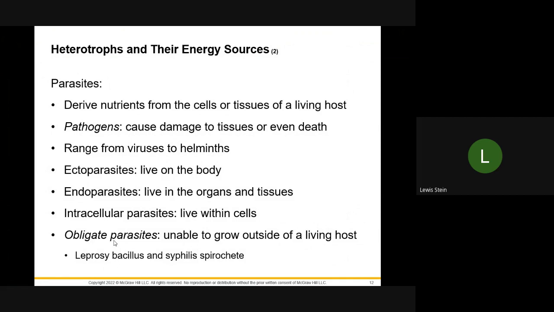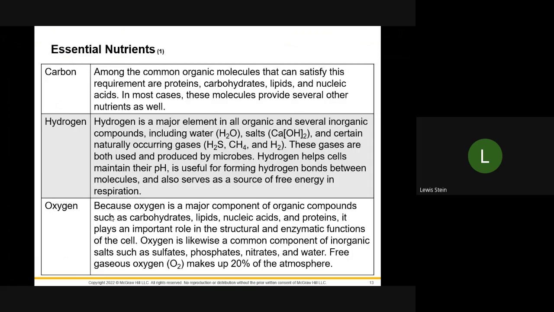Some of these organisms function just fine in the environment by themselves, and some require basically hijacking us, whether cellularly or intracellularly, on surfaces for their nutritional needs. So maybe that's the take home point from this.